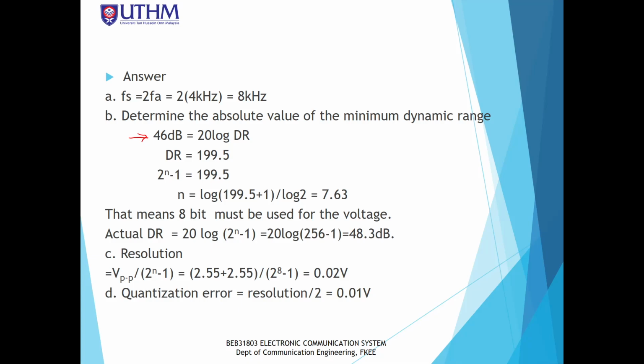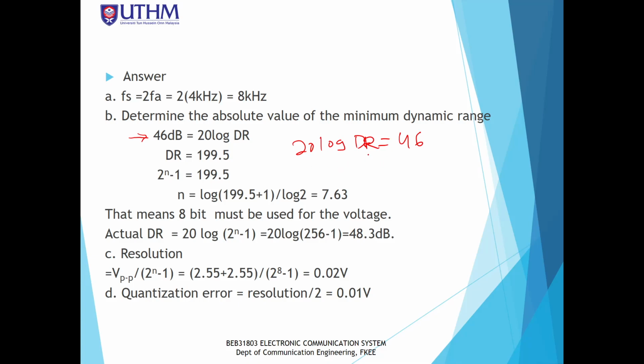So 20 log DR is equal to 46. How much is DR? You see that 46 divided by 20, and then taking the antilog of the answer, 2.3, you get 199.5.